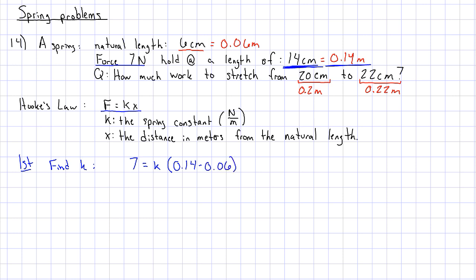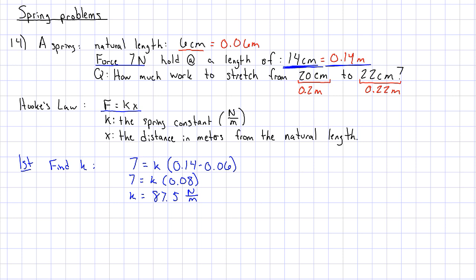So be careful about that, right? So I end up with 7 equals K times 0.08, and I get K equals 87.5 newtons per meter. So that is my spring constant.